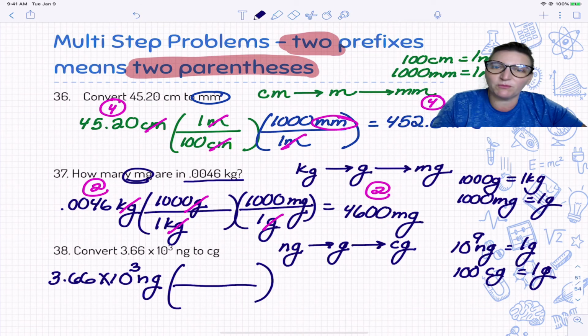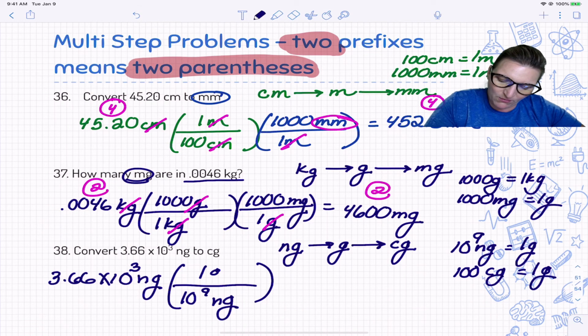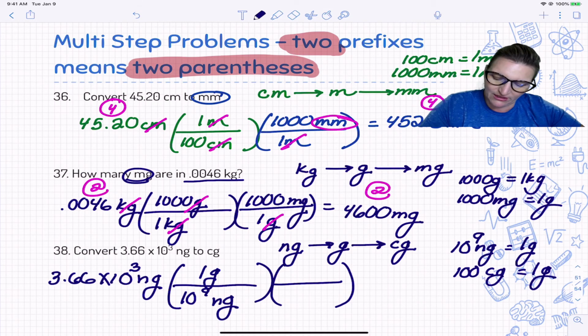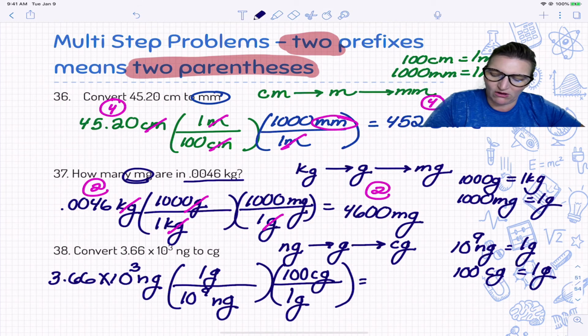So in my first parenthesis, 10 to the 9 nanograms on the bottom and 1 gram on the top. In my second parenthesis, 1 gram on the bottom, 100 centigrams on the top.